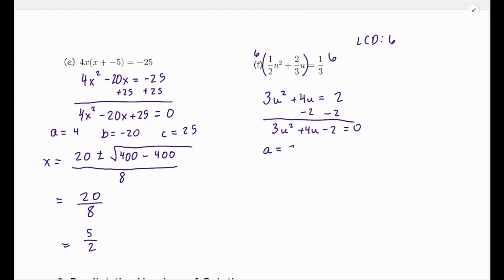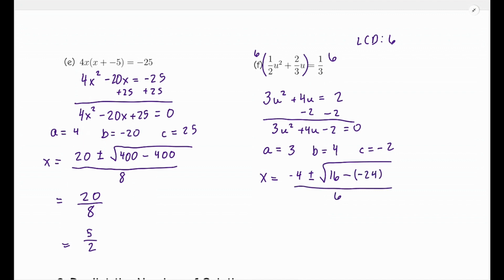So A is equal to 3, B is equal to 4, and C is equal to negative 2. So X is equal to negative B, so negative 4, plus or minus the square root of B squared, 16, minus 4 times A times C, which is negative 24, all over 2 times A, which is 6.